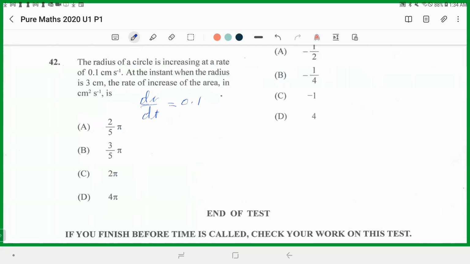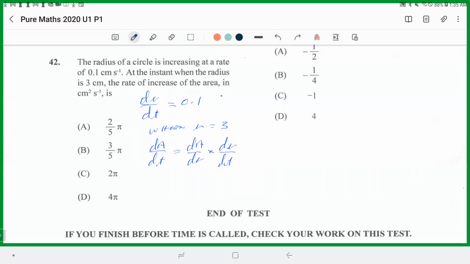At the instant when the radius is 3, so when r equals 3, the rate of increase of the area, dA by dt, equals the product of two rates of change again. dA goes on top of the first one, dt goes on the bottom of the second one. The third variable here is r, dr. This is 0.1.